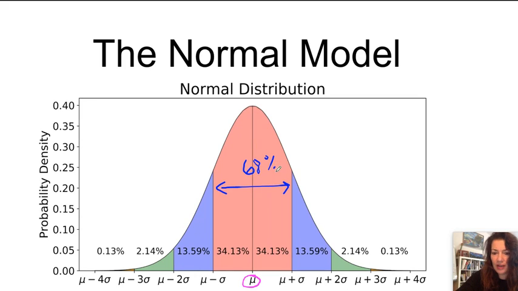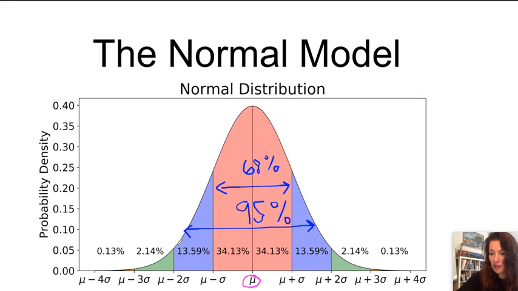And 2 standard deviations means to the right and to the left. So 2 standard deviations would be represented by what I am drawing here. You could see our mean in the center, 2 standard deviations to the right and 2 standard deviations to the left. That is considered to be about 95% of the area under the curve. So when I say percentage, I'm talking about the area under the curve.